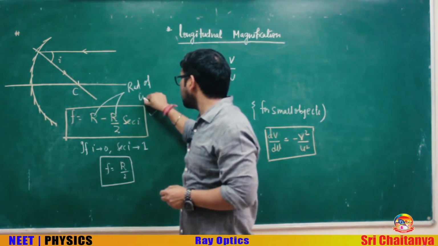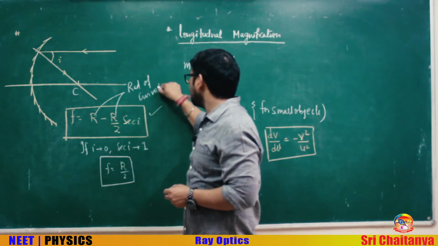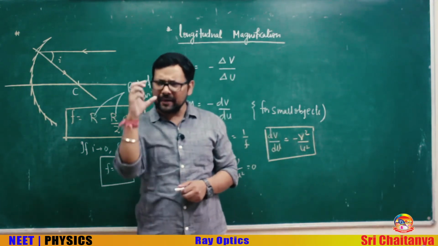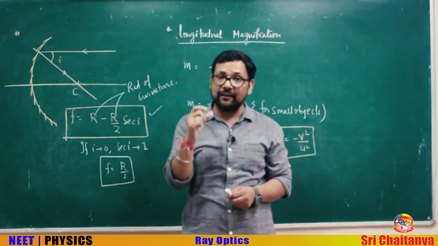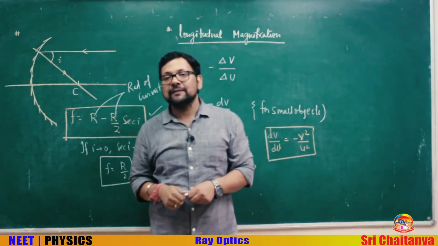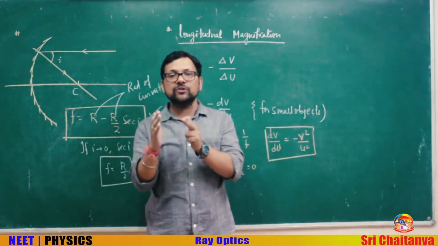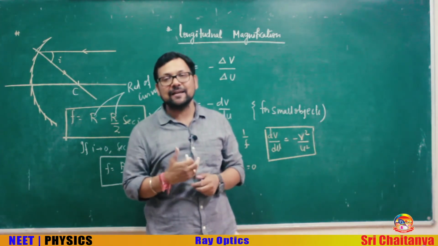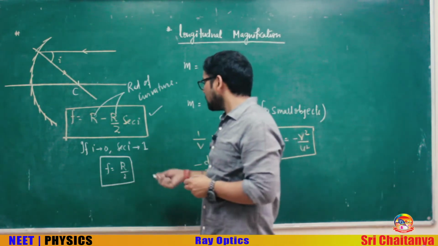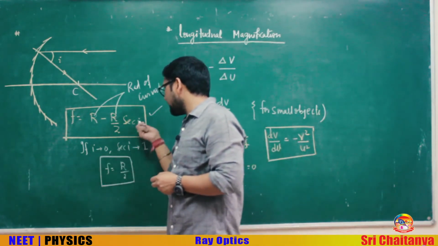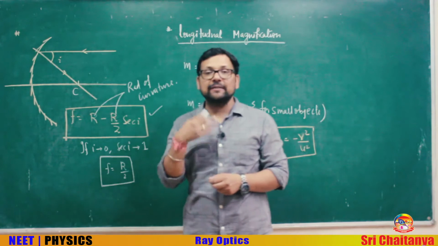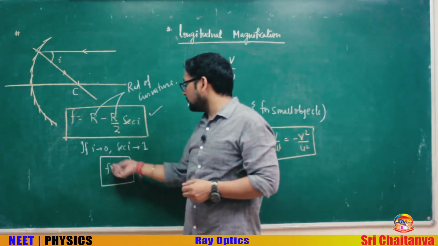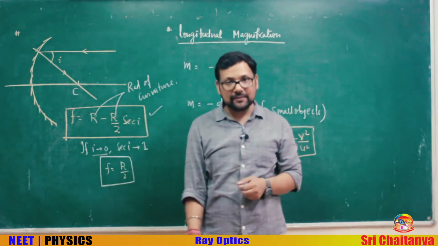Now for paraxial rays we were talking about, if the ray is paraxial, if the aperture is very small, then obviously the angle will be small as well. That angle i tends to 0. And for that, cos 0 is 1, so sec i is also almost 1. So we can put i tends to 0, sec i equals 1, and then R minus R by 2 is R by 2. So f equal to R by 2 we will use for paraxial rays.